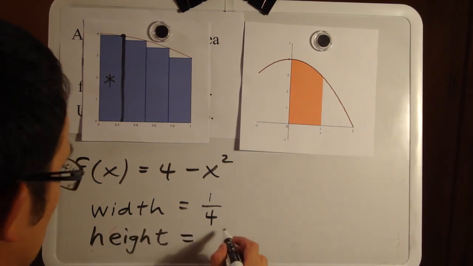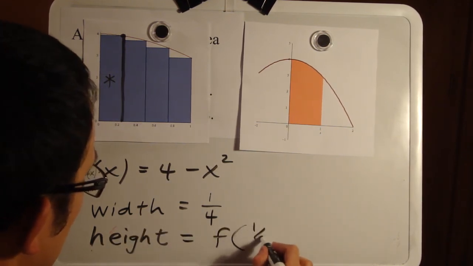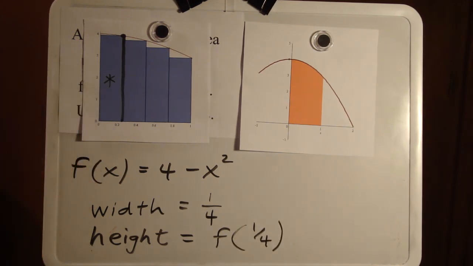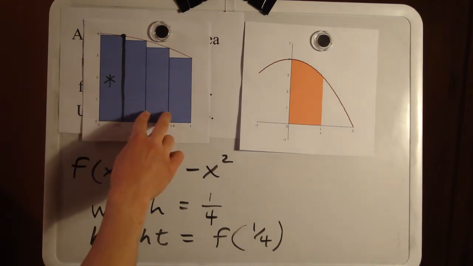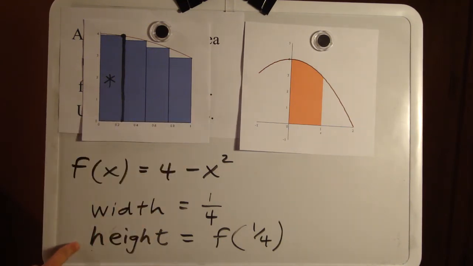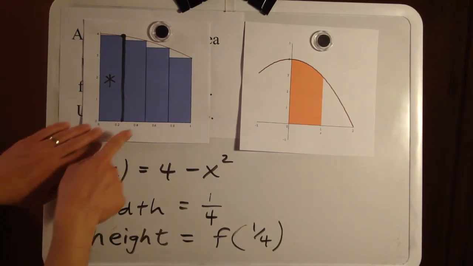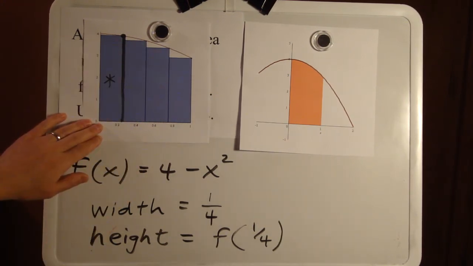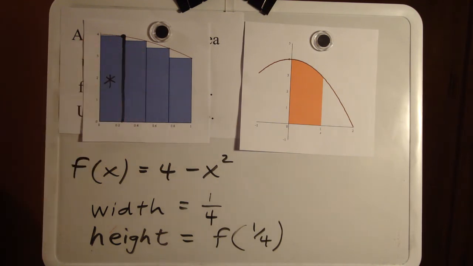The height here would be f evaluated at 1/4. This all comes from the diagram. And then as you proceed, you could tell that the width is not going to change for these rectangles, but the height is. The height is going to depend on the number that you plug into the function, and that is going to give you the height of that rectangle.